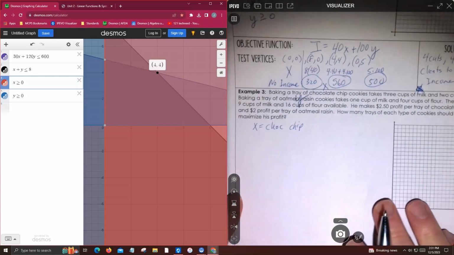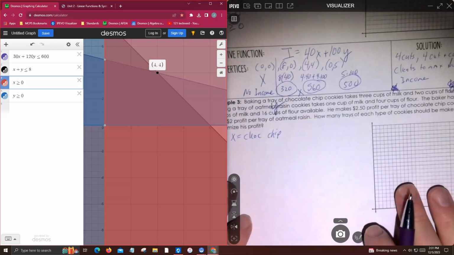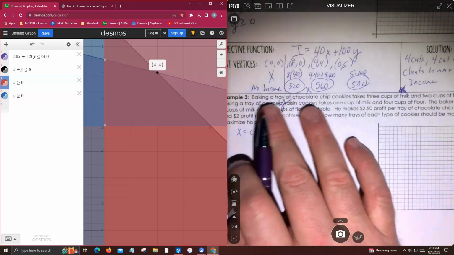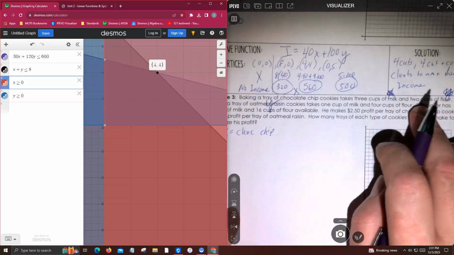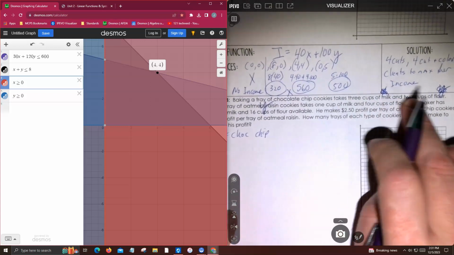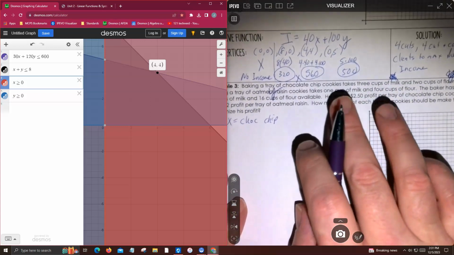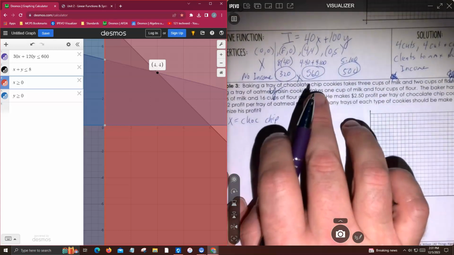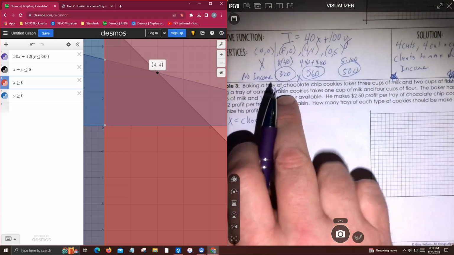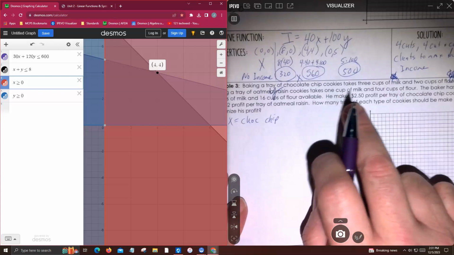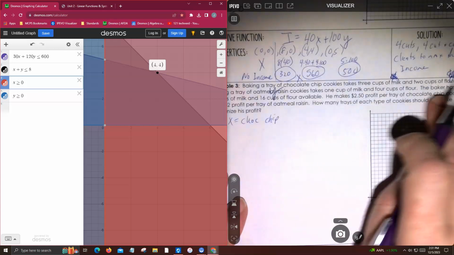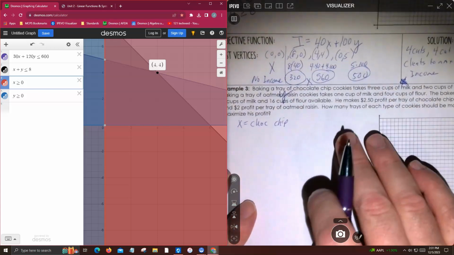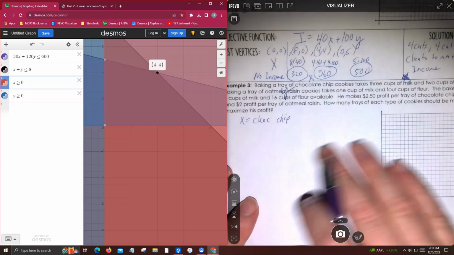So you know, see, I make mistakes. The idea here is I've got 2 things, and as soon as I read 2 things, I assumed that. But now that I'm reading it, I've got a tray of chocolate chip and a tray of oatmeal, and that's what's involved in the objective. So remember, X and Y have to represent the same thing all the way through.